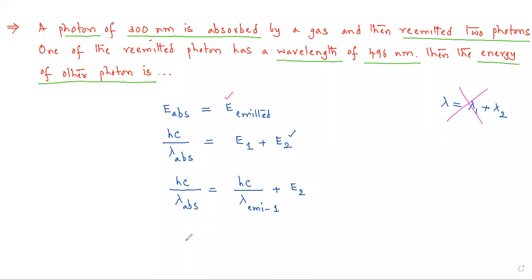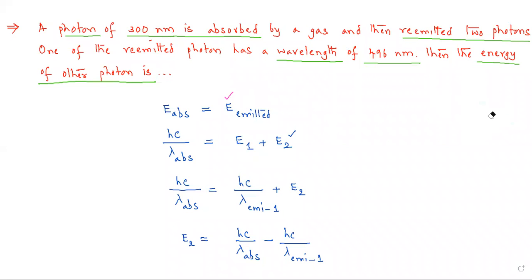Now, what is E2? E2 can be written as hc by lambda absorbed, I mean, I am taking this onto this side: hc by lambda absorbed minus hc by lambda emitted 1. Got it?